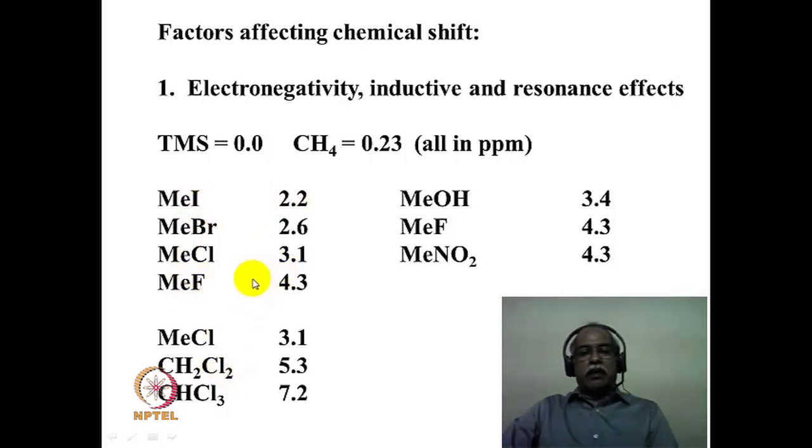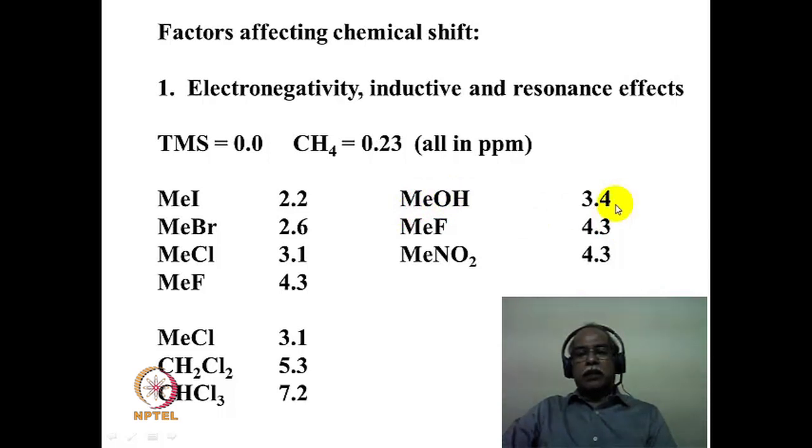Now the effect is also cumulative as you go with increasing number of halogen atoms, as in this particular case from methyl chloride to methylene chloride to chloroform, the chemical shift keeps increasing from 3.1 to 5.3 to 7.2 ppm. If you compare different functional groups, for example methyl alcohol, methyl fluoride and nitromethane, the electronegativity of the atom attached to the carbon plays a role.